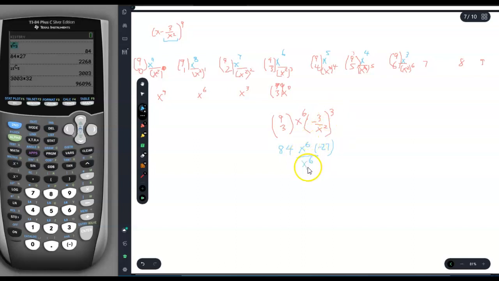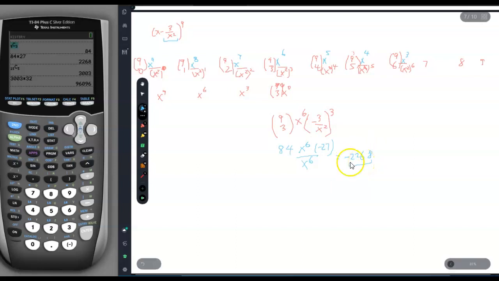And what do you know? The x to the 6 cancels out, giving me the constant term. Yeah, that's what we had figured out. By the way, 84 times 27, I did that before. It's 2268, so it's negative 2268. So our constant term is negative 2268.